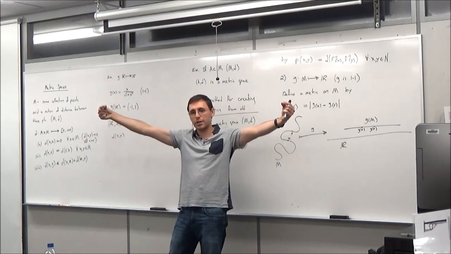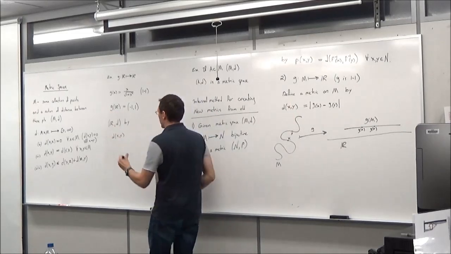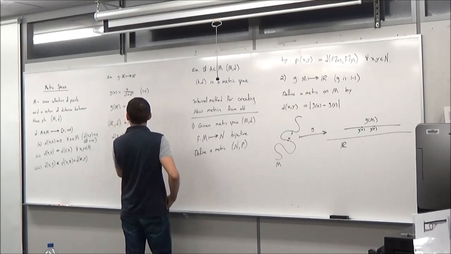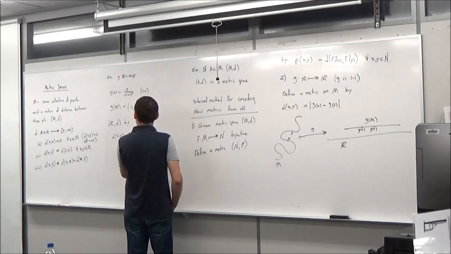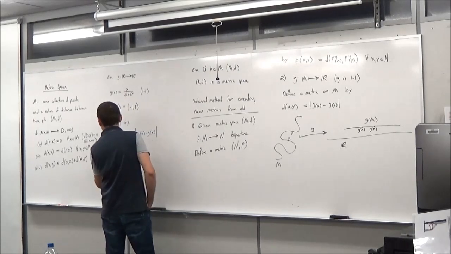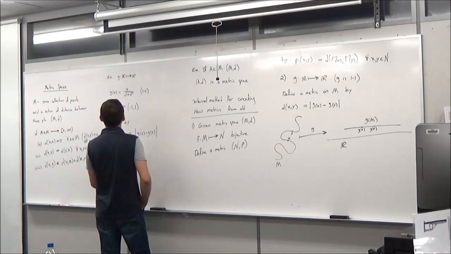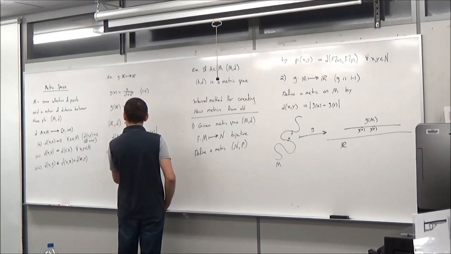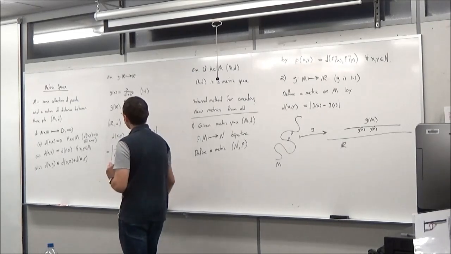What I'm going to do is write the absolute value of g of x minus g of y, which is the absolute value of x divided by root 1 plus x squared minus y divided by root 1 plus y squared.